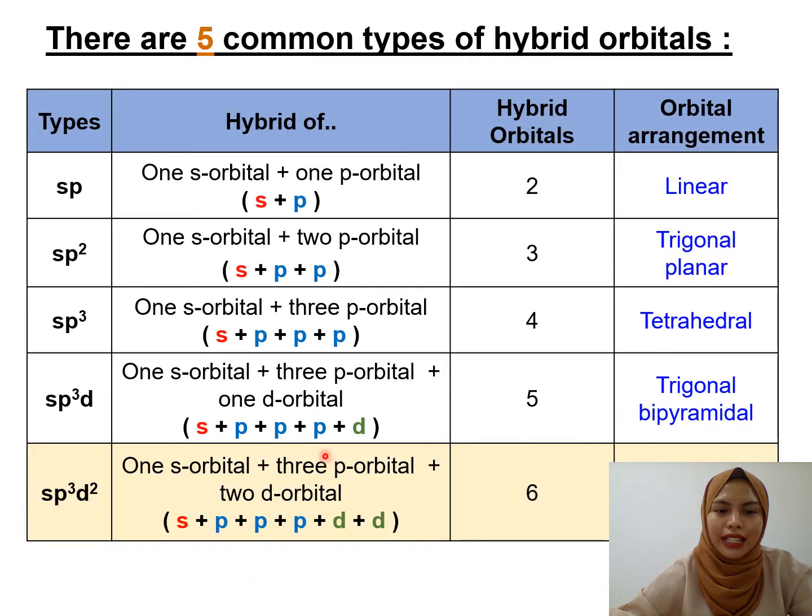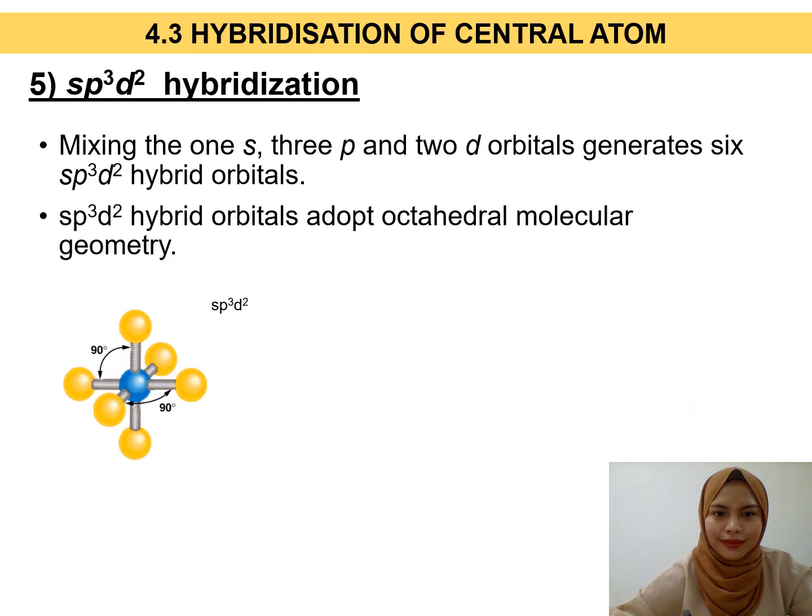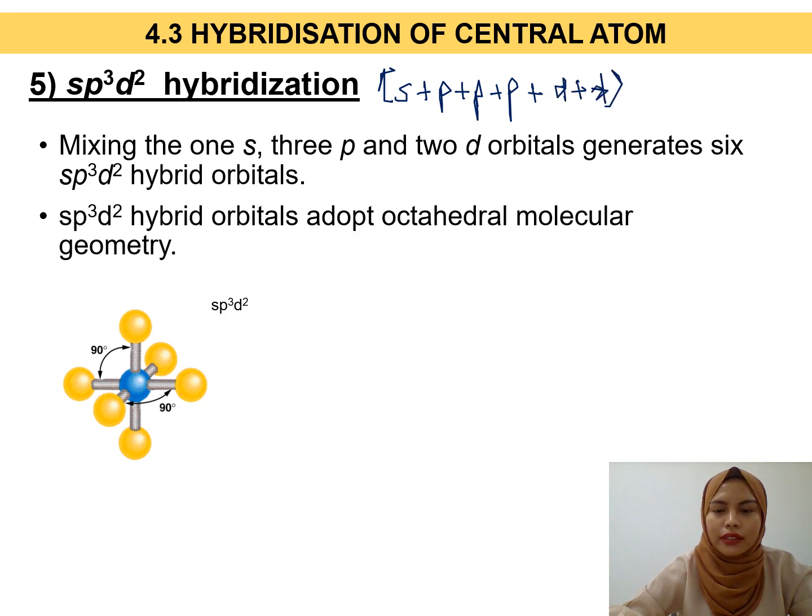Okay, so let's go for the last part of the hybridization, which is sp3d2 hybridization. sp3d2 hybridization ni dia terhasil bila satu s orbital campurkan dengan 3 p orbital campurkan dengan 2 d orbital. Okay, so sekarang ni you will have 1, 2, 3, 4, 5, 6.